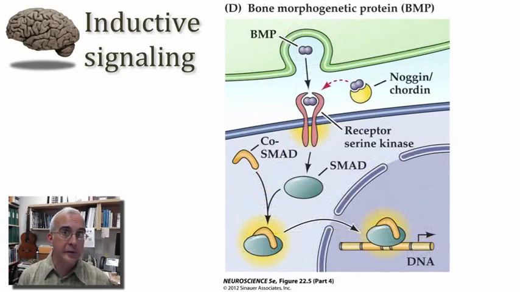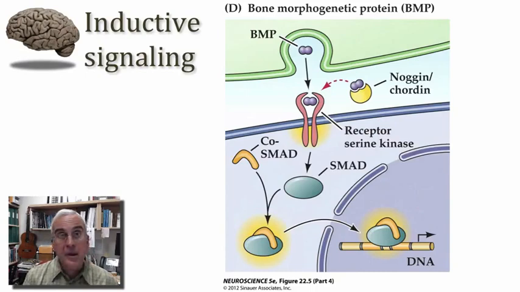Most of our inductive signals are actually not steroid hormones, they're peptide hormones. So these are substances that are secreted and interact with surface-bound receptors. One of our peptide hormones that I'd like to talk just a little bit about is called bone morphogenetic protein, or BMP for short.